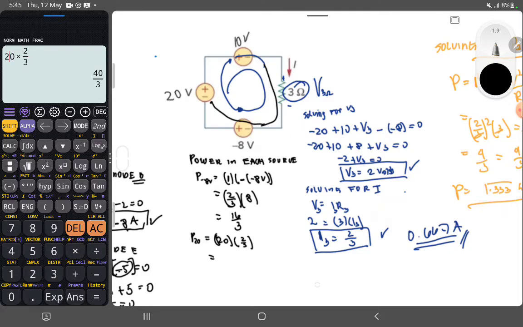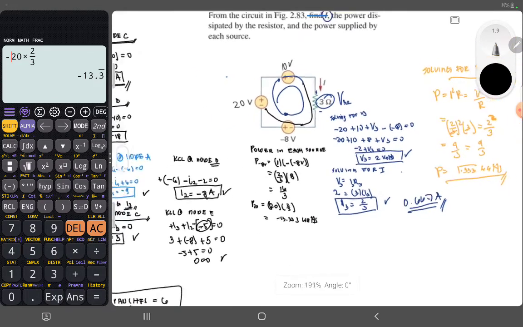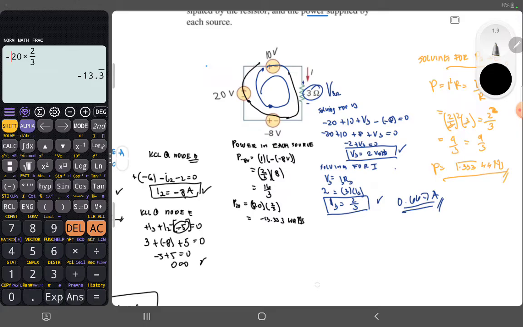So take note, this is negative. So we have negative 13.33 watts. And then lastly, papasok sa positive value ng ating 10 volts. So P10 is equal to 10 multiplied by 2/3, which is equal to 20/3.